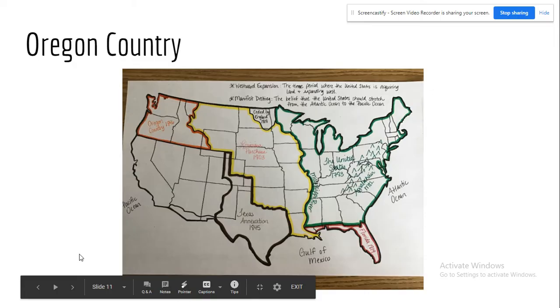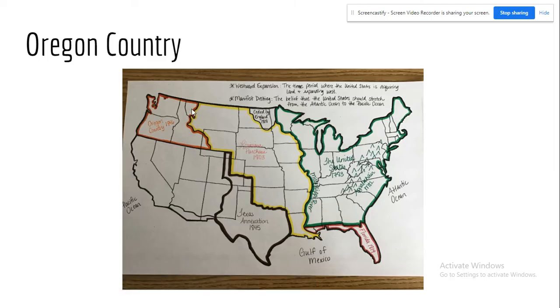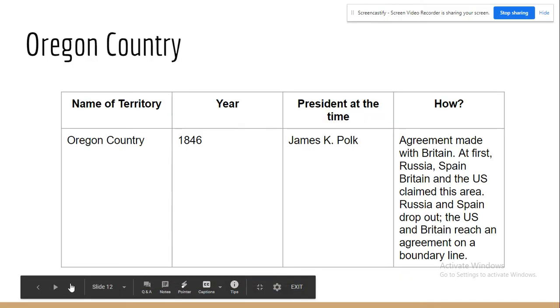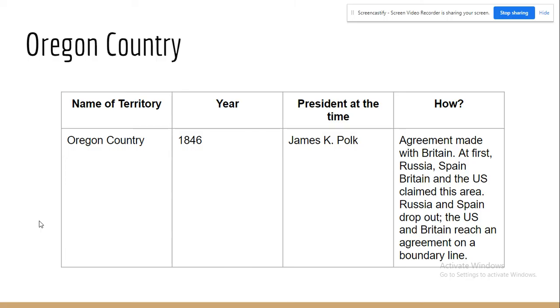Now, the next area of land that we acquire is Oregon country, and I took an orange marker and outlined the area up here in orange, labeled it Oregon country, and put the date of 1846 in that area. Now, on your chart, you'll want to go ahead and fill that in with the following information.